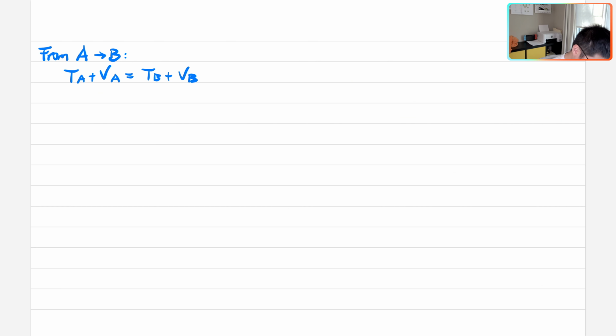We start with the initial velocity, 1/2 m va squared, and we have mgh. This h is your starting height at point A. And 1/2 m vb squared plus m g hb, and this hb is given.